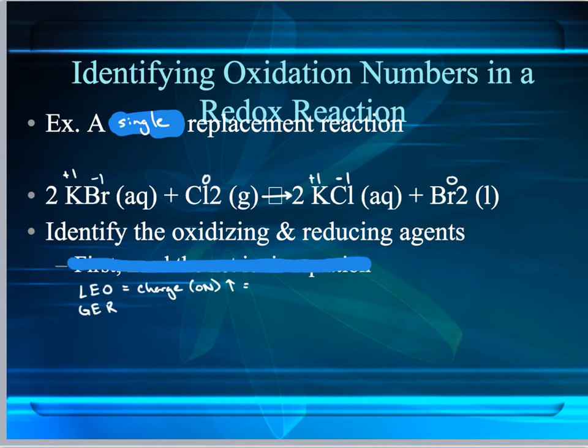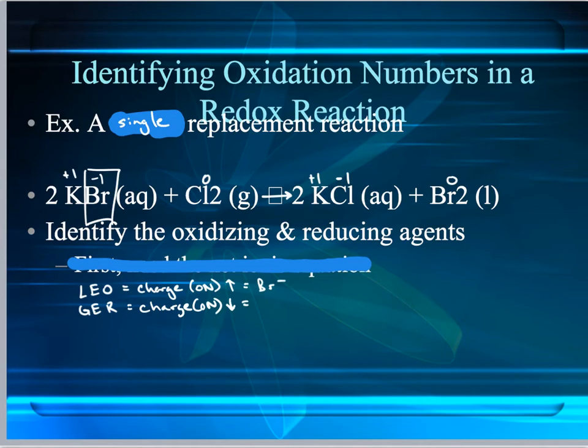Now, as far as exactly what is being oxidized, the potassium part of this has nothing to do with it. The part that actually is being oxidized is a bromide ion. Okay, so if we're looking at GER, then for gaining electrons, it means you're gaining more negative charge, or your oxidation number is going to go down.